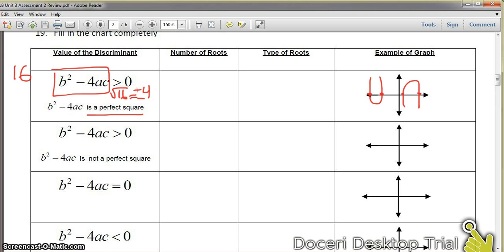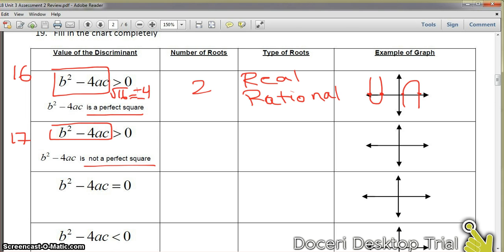In this case, I have 2 real and rational roots, since the square root of 16 is a number, so it's going to be a rational root. If this discriminant, b squared minus 4ac, is a positive number, like for example 17, and it's not a perfect square, it means when you square root 17, you're going to get an unlimited, unrepeated decimal.